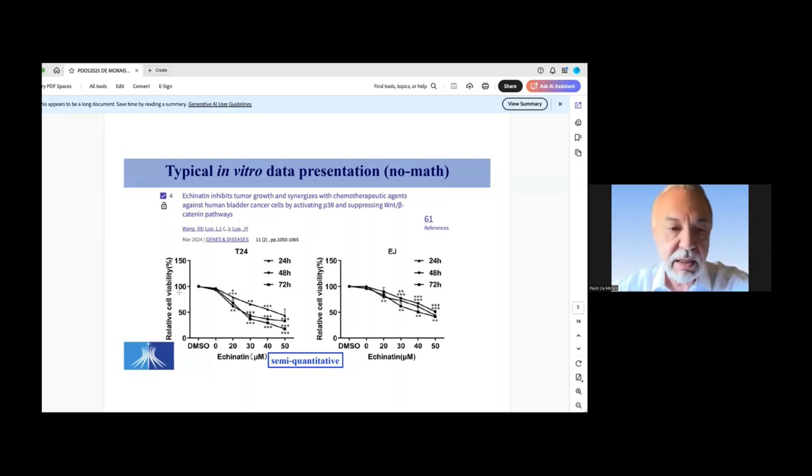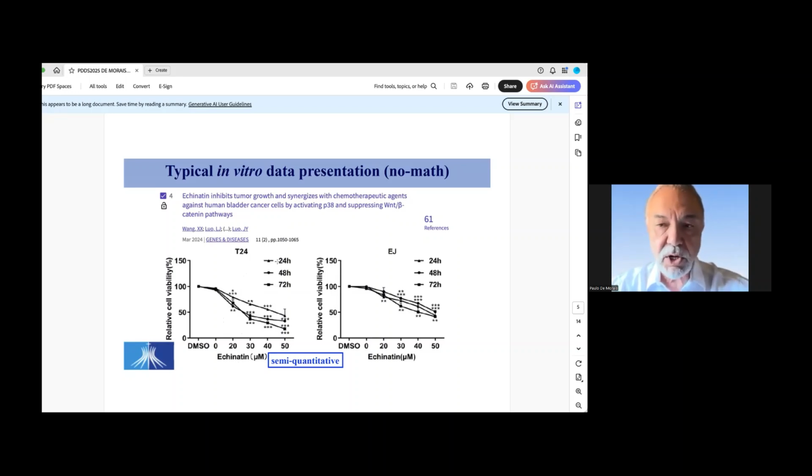And the typical data is the cell viability on the y-axis versus the concentration of the challenging molecule. Here, you can see the concentration in micromolar on the horizontal axis, and then the data are the symbols in both plots.